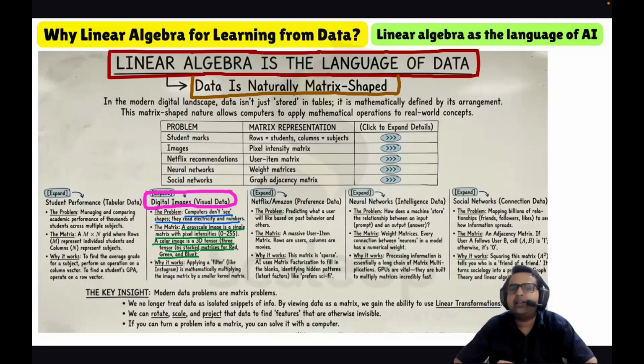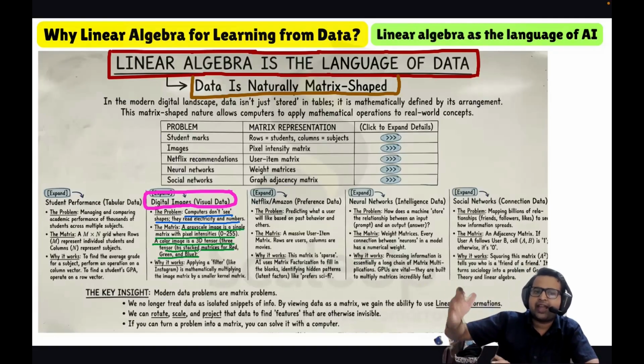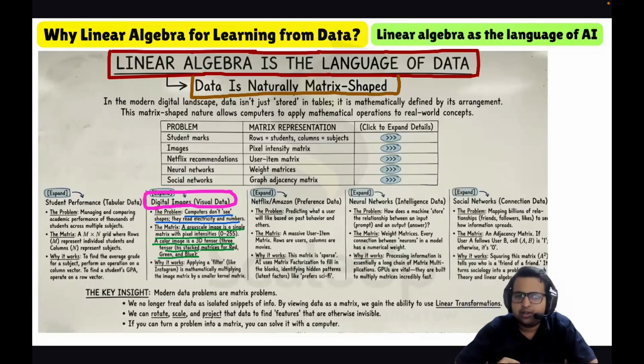So now it's very clear that we can represent an image in the form of a matrix. If it is a grayscale image, one matrix is enough. And if it is a color image, we have to use a 3D tensor, so 3 matrices stacked on top of each other, a matrix for the red, for the green, and for the blue. And why does it work?